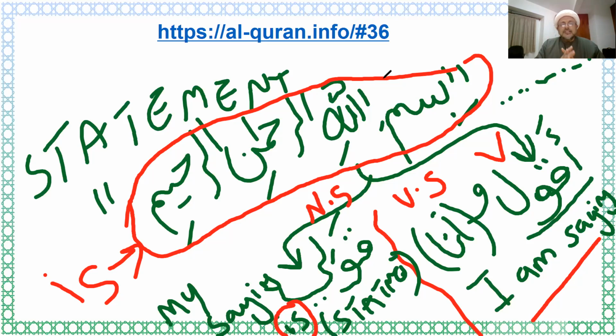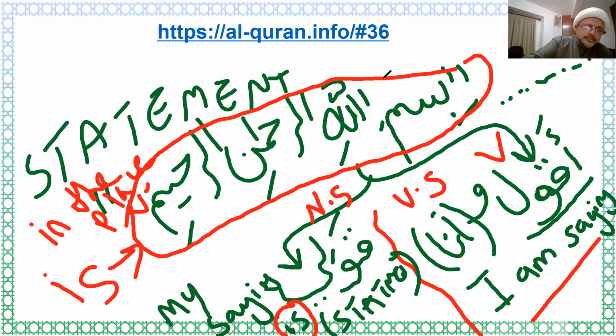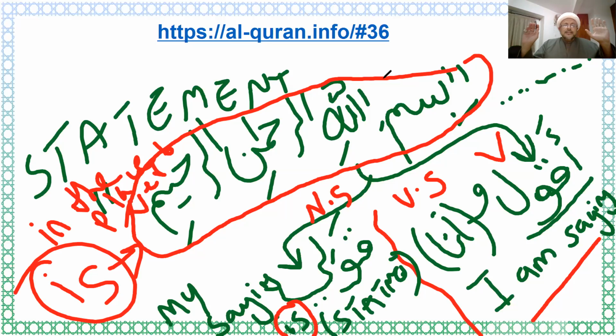Some do not consider it. Some say this whole sentence is in the place of a verb, because we need a verb or something like a verb. So as long as we have this, it is finished. My statement is Bismillahir Rahmanir Rahim. So here we had two options. Either I say Qawli, my statement is, or I say Aqulu.